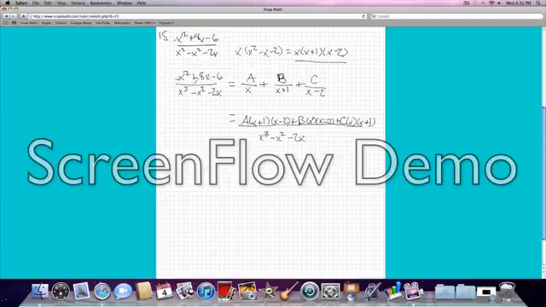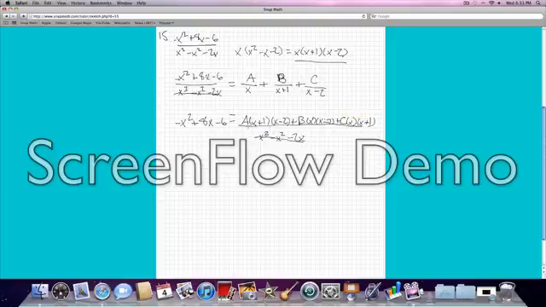And that is equal to the same thing again, and as you can see, this is going to cancel out with this. So now we have this equation: negative x squared plus 8x minus 6 is equal to this with the A's and B's and C's.